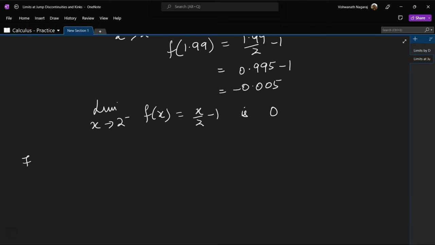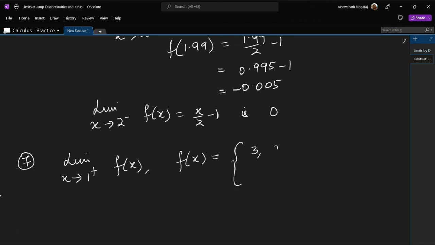Okay. Seventh one: limit as x approaches 1 from the positive side of f(x), where f(x) is equal to 3 if x is less than 1, and x squared minus 6x plus 8 if x is greater than or equal to 1.